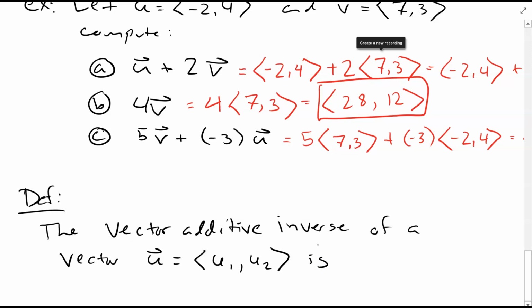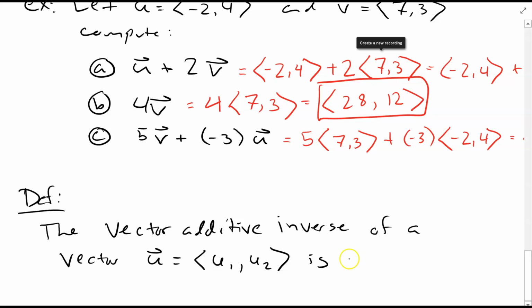What do you think would be the additive inverse of this vector u that's defined in component form u1, u2? What would I have to add to this to get 0? Good, negative u1, comma, negative u2, right?